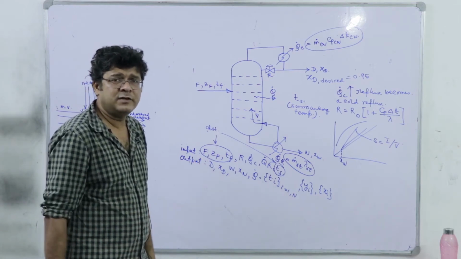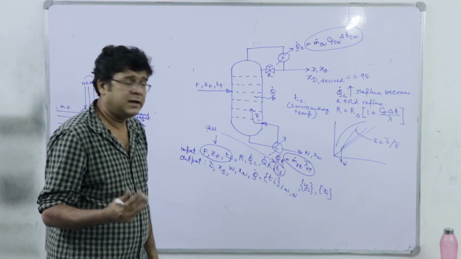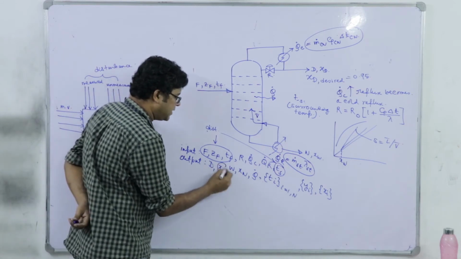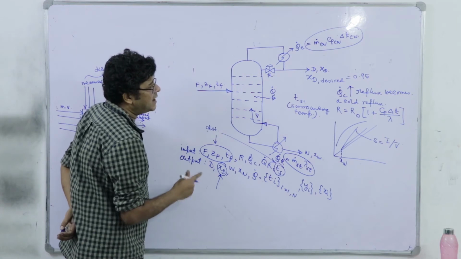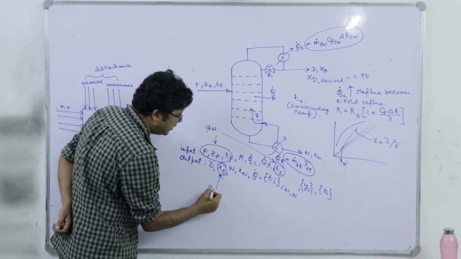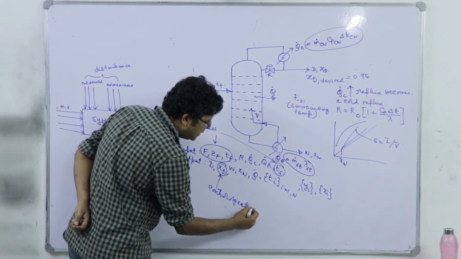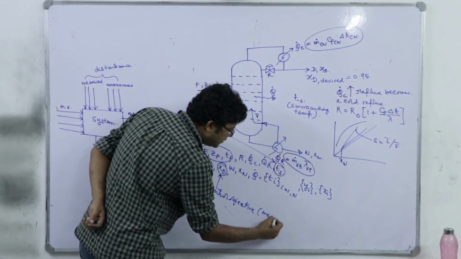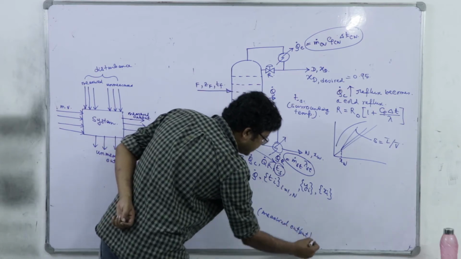What are we going to measure? Definitely we are going to measure what we want to control, right. So XD is the control objective, because we have to keep this XD at the desired value of 0.95. So this is the control objective, and alternatively this is the measured output, right.